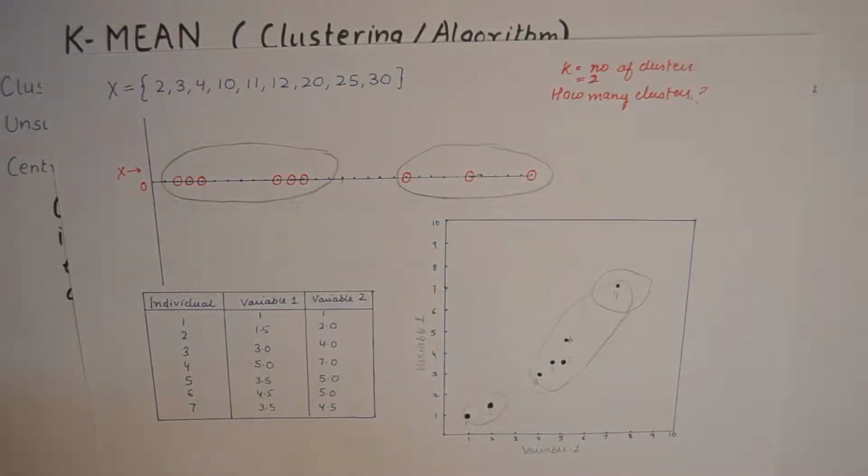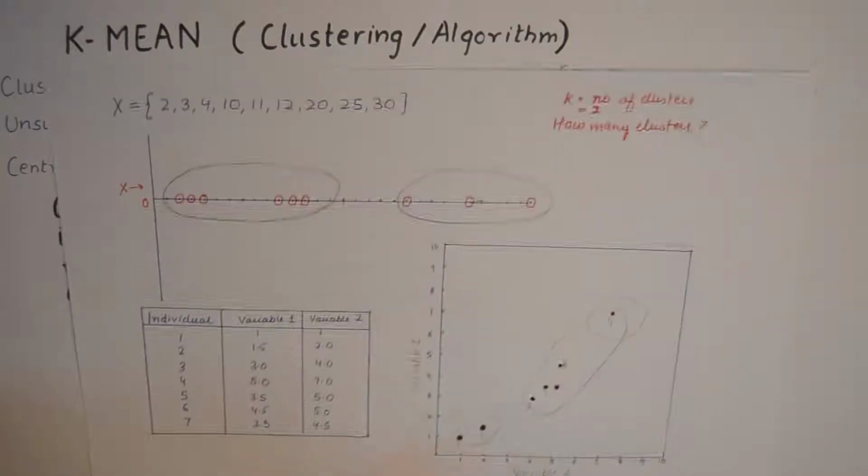But let's see how it does that by placing the centroids among the data points and then finding the minimum Euclidean distance from the data point, which is, by the way, the algorithm which I'll illustrate step by step now.